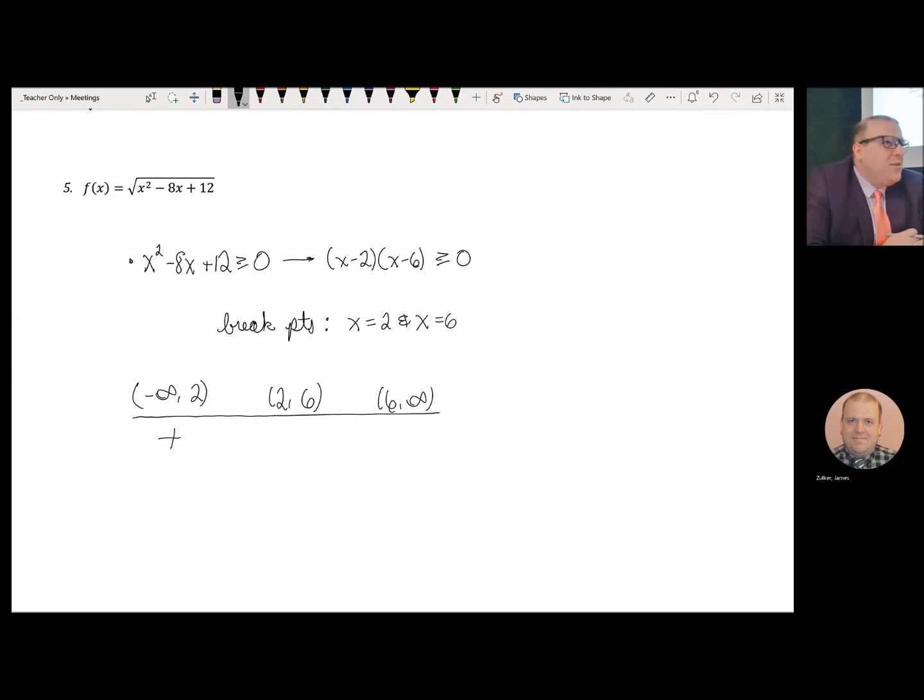Now we pick any value between 2 and 6. Oh, 4. This will be positive. This will be negative. Positive times negative is negative. And then pick any value greater than 6, 10. You'll get positive times positive, which is positive.